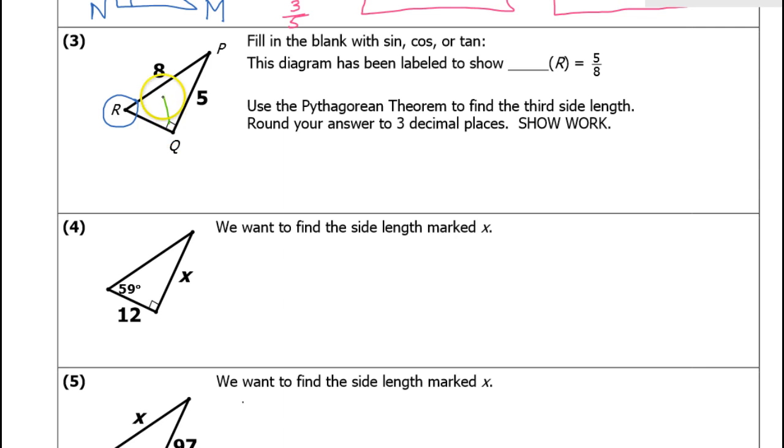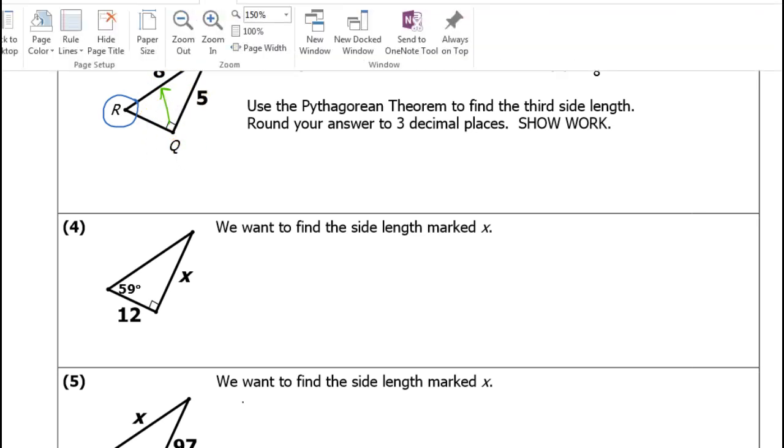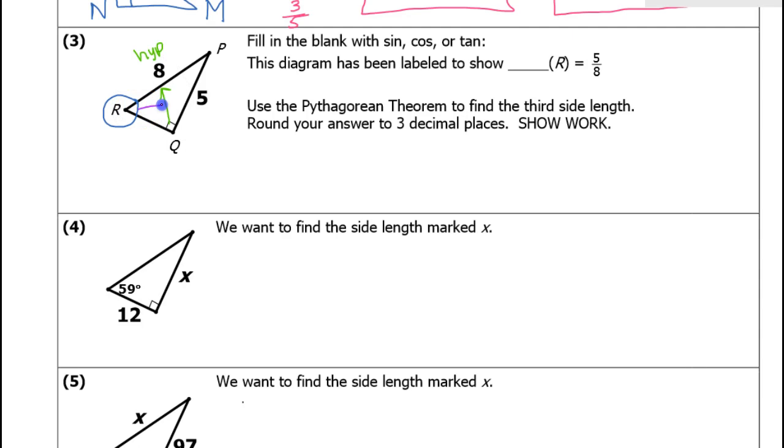So you know that the hypotenuse will always be across from the 90-degree angle. That makes this the hypotenuse. And then the side that is across from the angle is going to be the opposite side. So this is the opposite side. Now the side that's right next to the angle is the adjacent side. So now we've labeled everything.